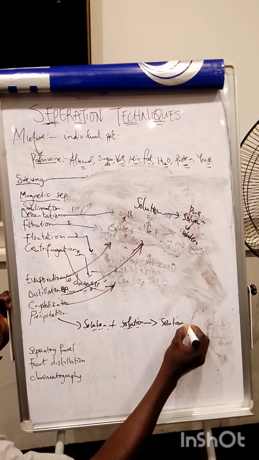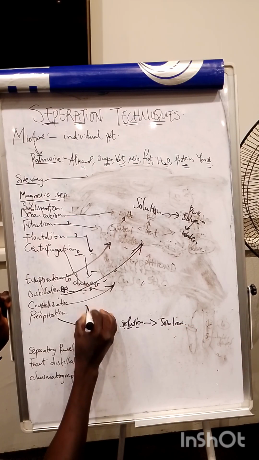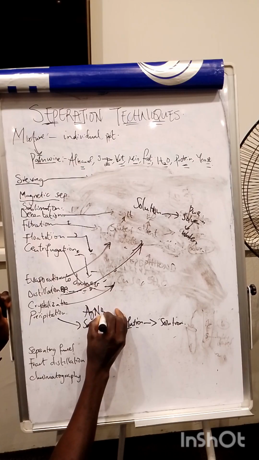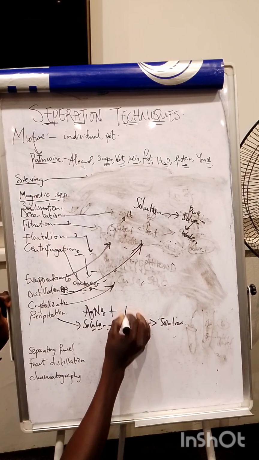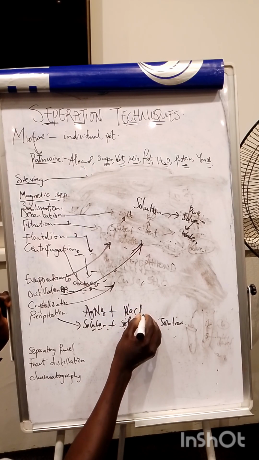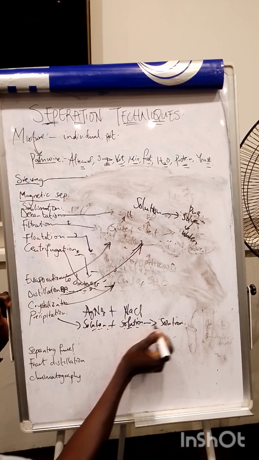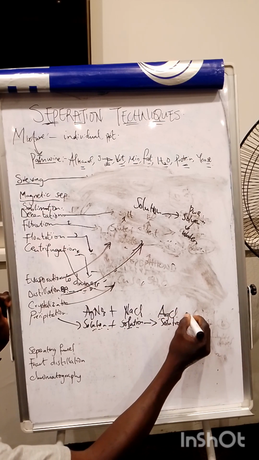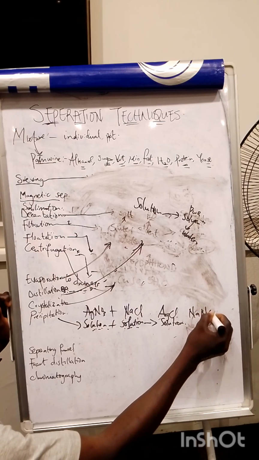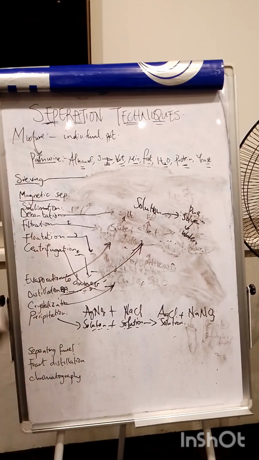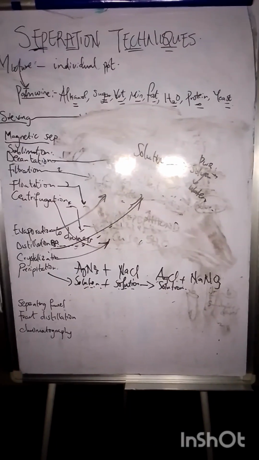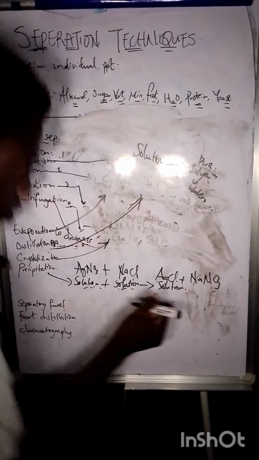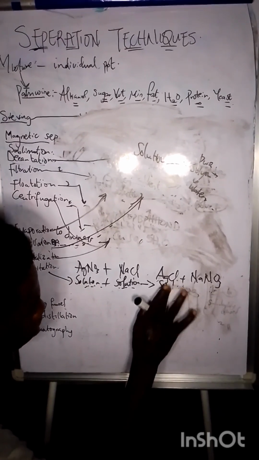For example, our silver nitrate solution plus sodium chloride solution gives silver chloride plus NaNO3. Are you with me? So you have a solution, and another solution will give you a solid.